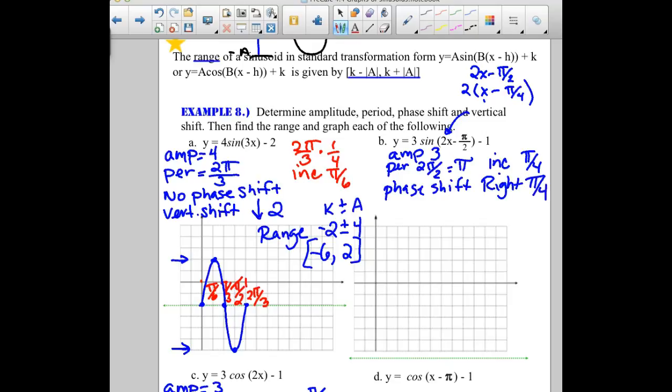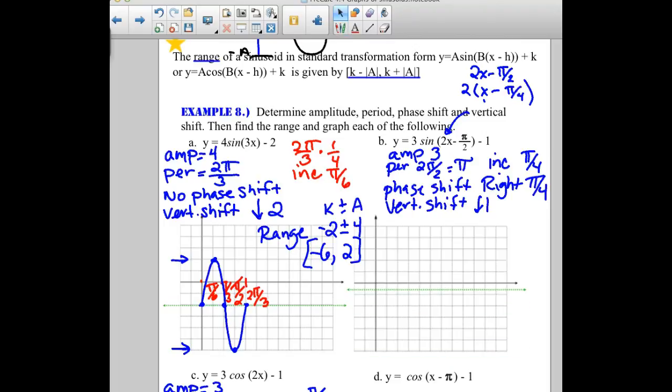Now, this is nice because our phase shift is pi/4. Our increments were going in pi/4, so everything's going to be nice and clean. And then our last piece, we had a vertical stretch, or sorry, a vertical shift of what? Down 1 again. Okay, so let's get our dotted line here at -1. Our amplitude is 3, so this is kind of like the C example that we just did, right?